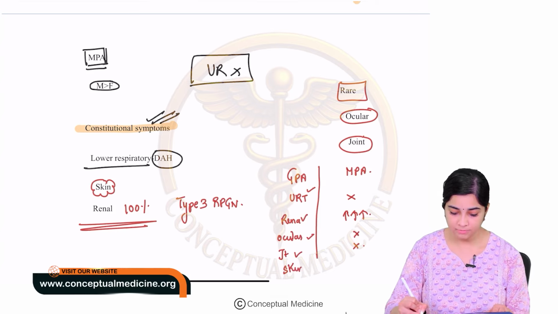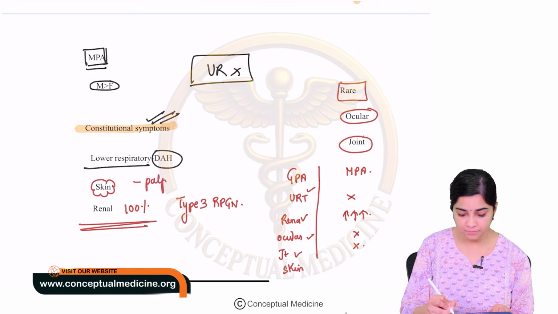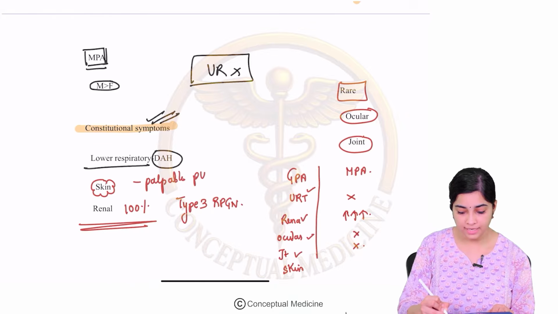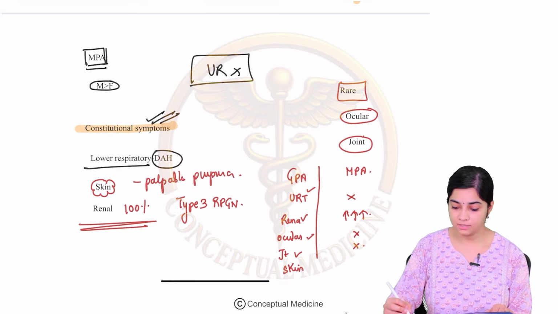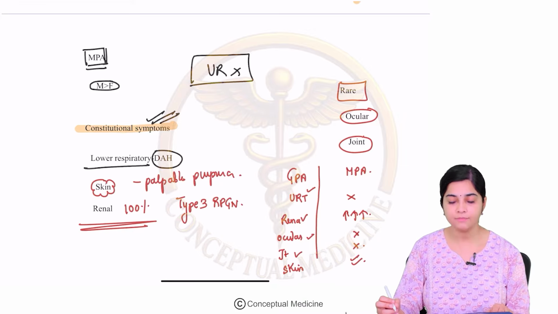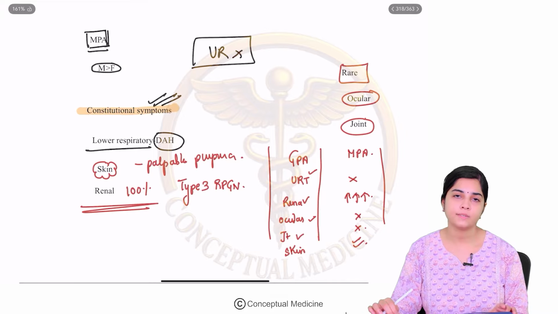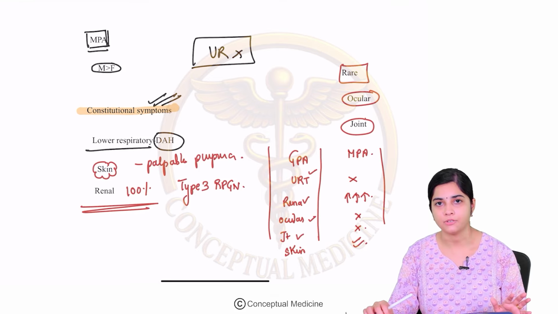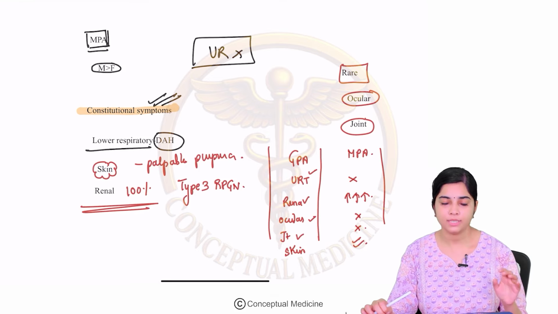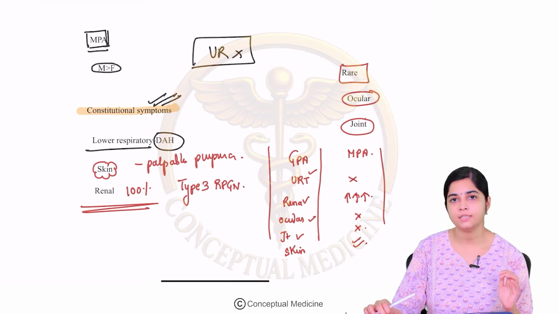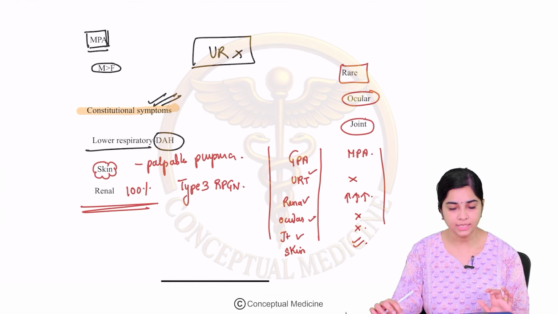And skin involvement in the form of palpable purpura is more common in MPA, which is not so common in GPA. Okay, clear? So this is about your microscopic polyangiitis. Alright, so that is your granulomatosis with polyangiitis and this is your microscopic polyangiitis.